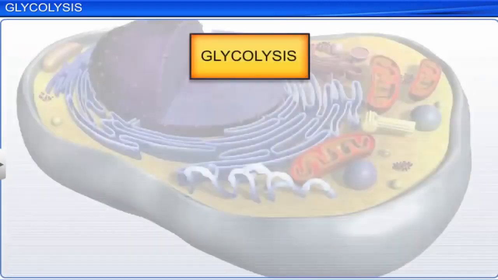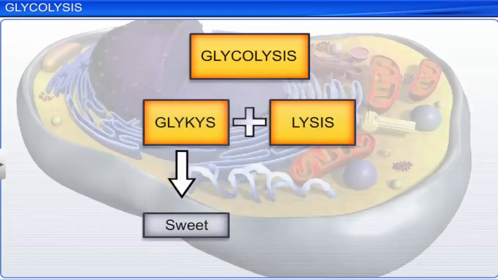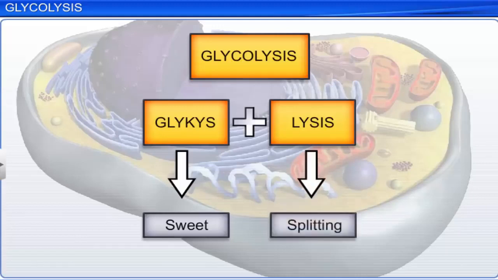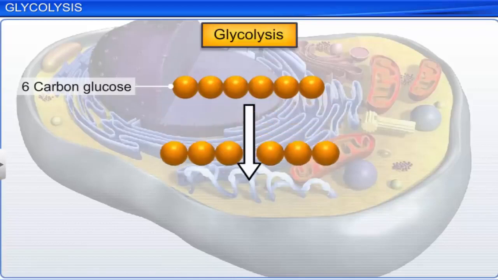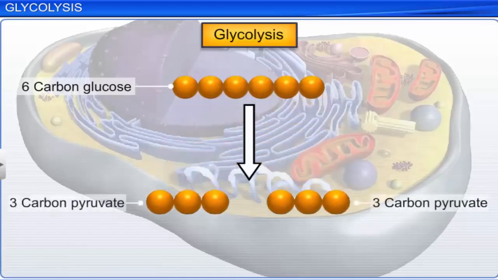The term glycolysis is derived from the Greek words glycis, meaning sweet, and lysis, meaning splitting. It involves the cellular degradation of glucose to pyruvate or pyruvic acid.